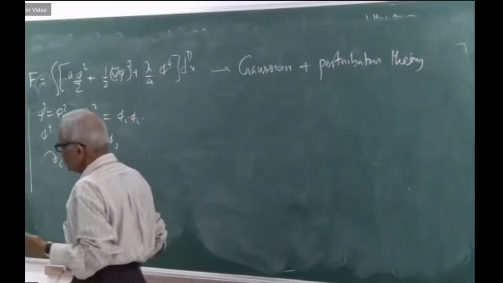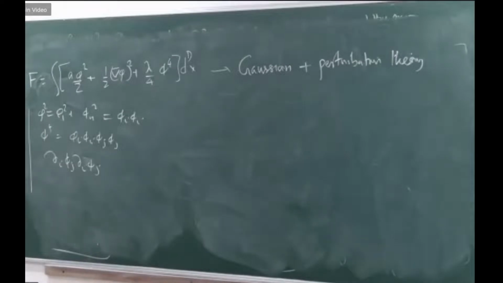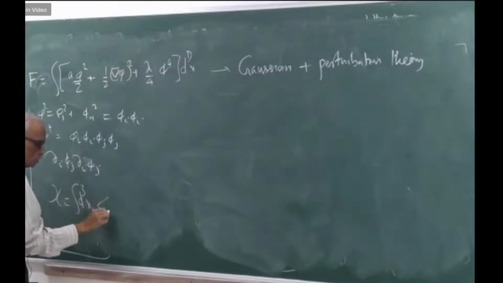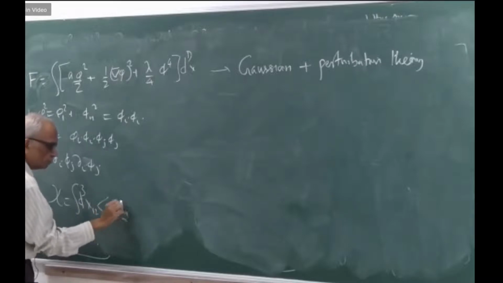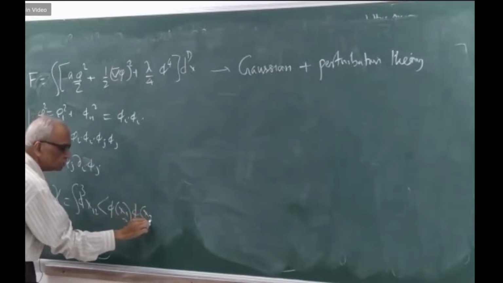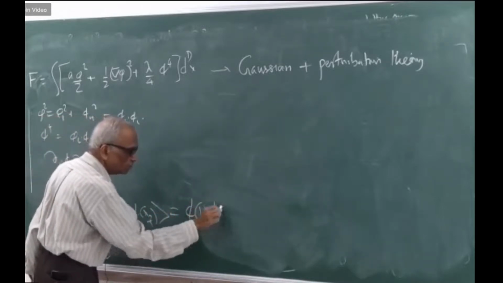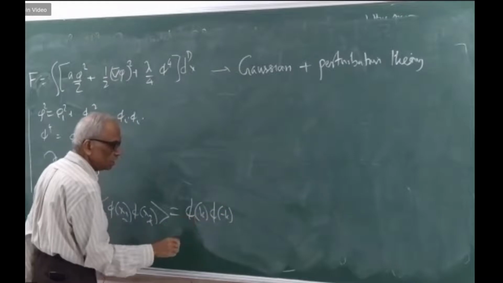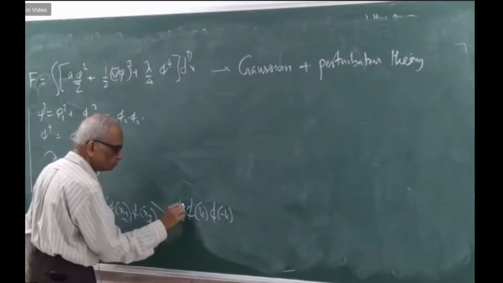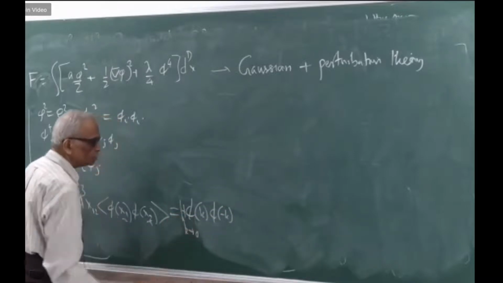If you say that I have to calculate, for example, the susceptibility, the physical quantity that one calculates, which is the integral of the average value of phi x1, phi x2, which is phi k, phi minus k, in the limit k going to 0.